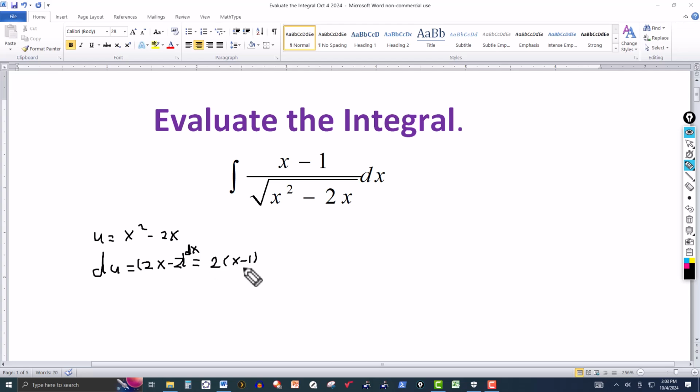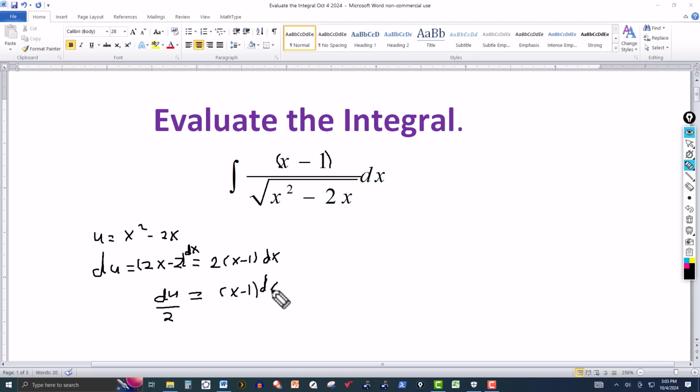So I come up with 2 times x minus 1 and then the dx. And notice I have x minus 1 dx in the numerator. So dividing through by 2, on the left side I'll have du over 2. On the right side the 2's going to cancel, and I'm going to have x minus 1 dx.